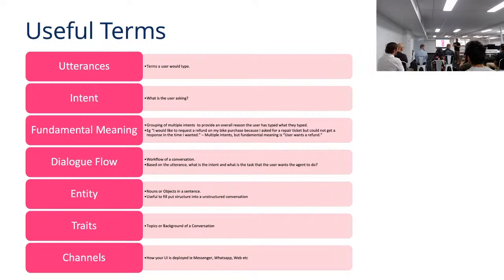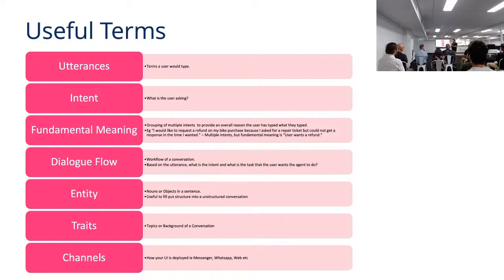Natural language works very similarly to English. I was going through that course a while back, and I thought, I should have listened more at school about adjectives, nouns, adverbs, and all that kind of stuff, because it's all it is. So it pulls it out and says, okay, lodge, claim, car. We know it's a claim for a car, and they want to lodge it. Based on that, I want this information. So that's the entity mapping.